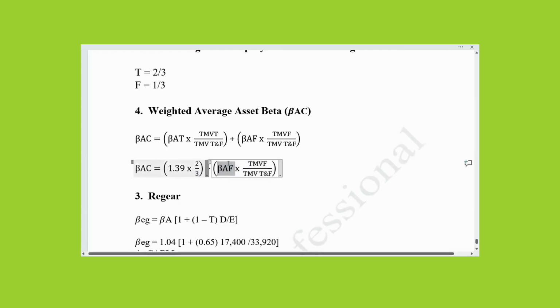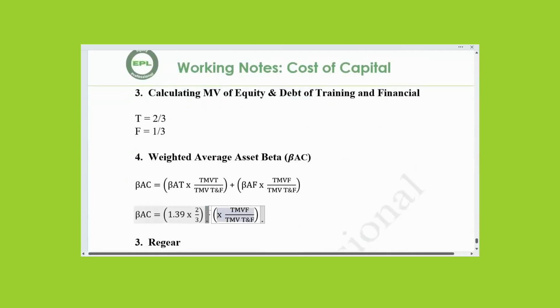Then the beta of financial service is 0.75, we calculated in step 2, multiplied by market value of financial service, which is 1/3. The essence of calculating market value is to use it for the weighting, so we are using it as a proportion.